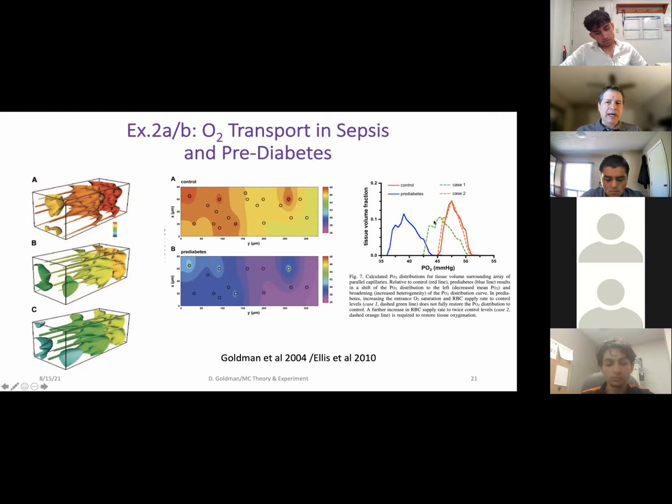The two dashed lines are cases where we tried to fix the defect in pre-diabetes just by increasing total flow. I think the green is if we double flow, and the orange is the next level, but I can't read it here. Basically, if you increase flow enough, you get close to the normal PO2 distribution in the tissue. That's what we found from this model.